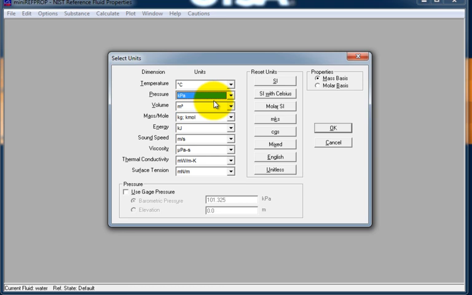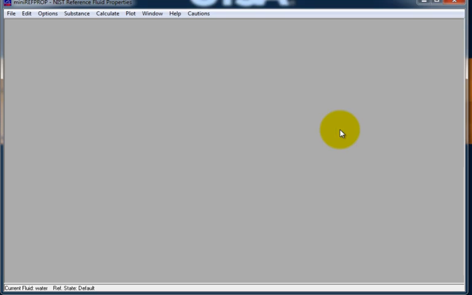It's good software; it should allow you to work in the units you want. Volume in meters cubed, mass in kilograms or pound mass, etc. Let's leave it in kilogram. You can explore some of these. They have viscosity, thermal conductivity, surface tension, more than we need. All right, so we just click OK.